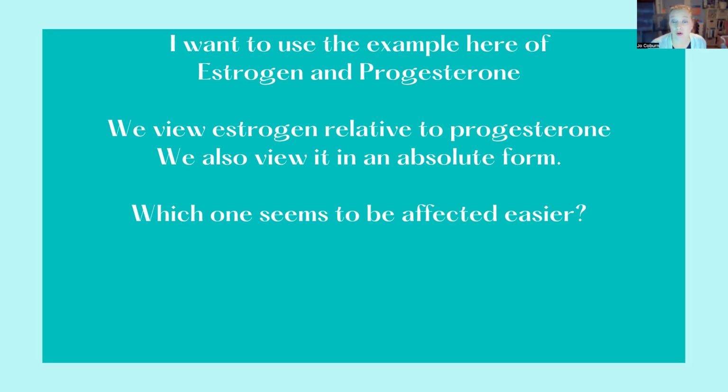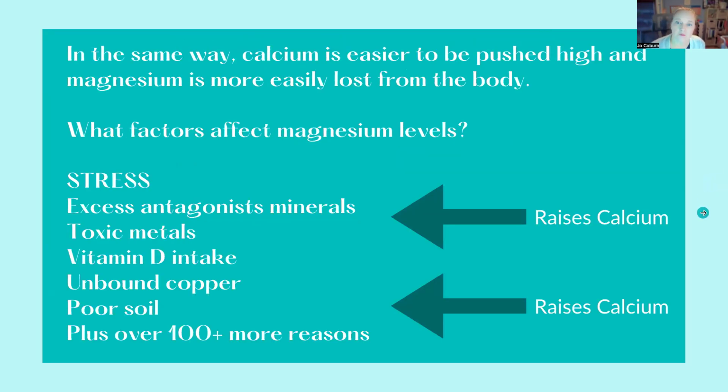So I want you to think of it the same way when you're thinking about the different minerals. Progesterone is like the calming, steady hormone. Estrogen is just kind of wild and crazy. In the same way, calcium is easier to be pushed high.